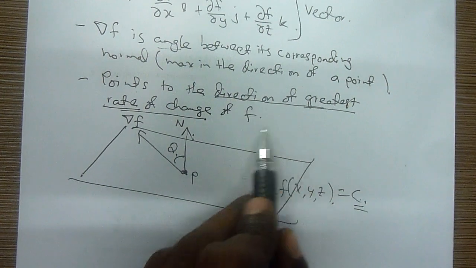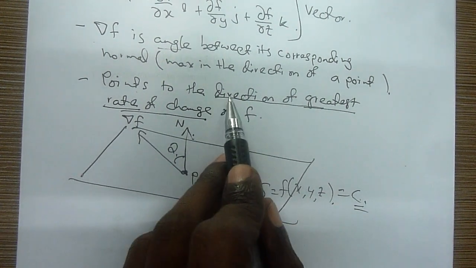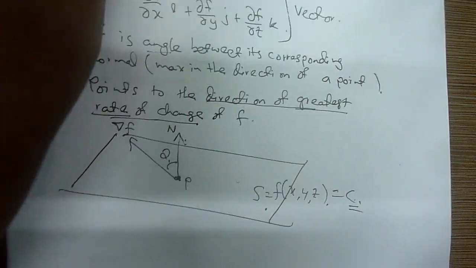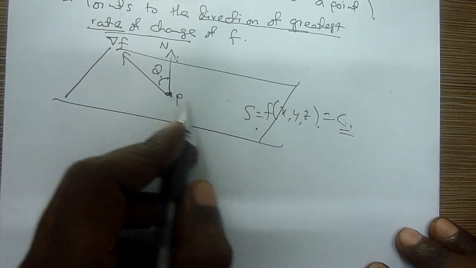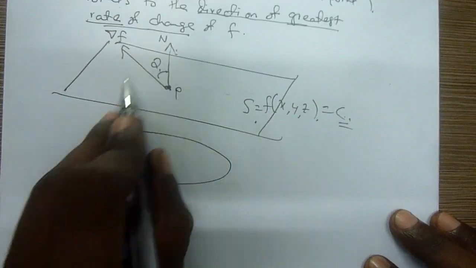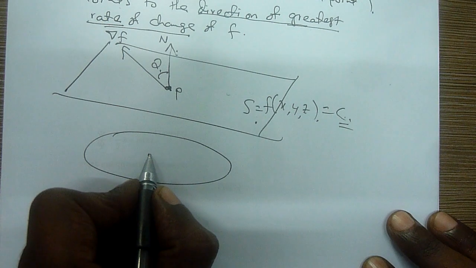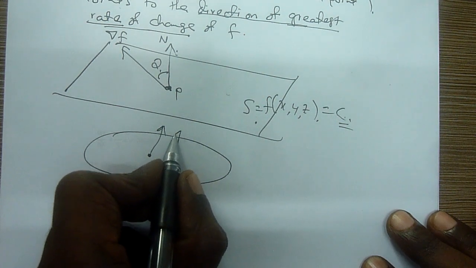How to understand this? What is the meaning of the direction of the greatest rate of change? I'll try to give you some idea. Let's say we pick several points. This is the point. I pick certain points here. This point is referring to this side. Another point is like that.